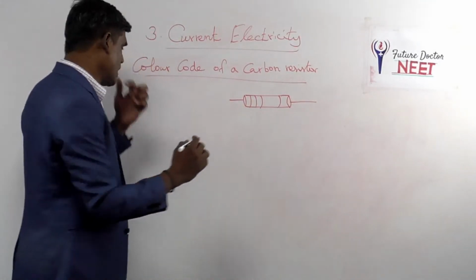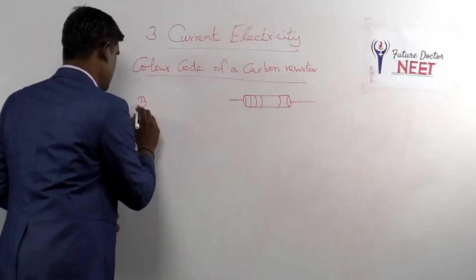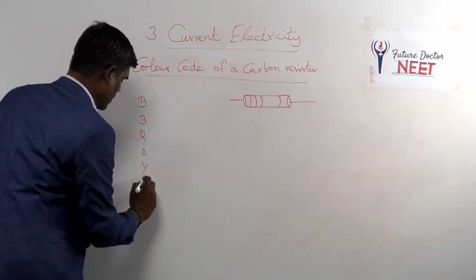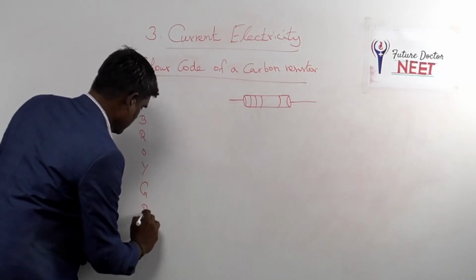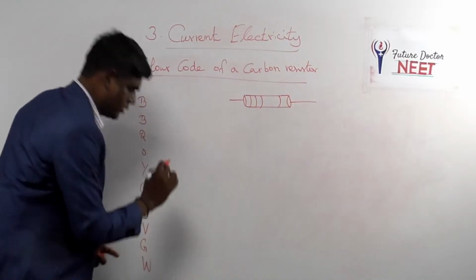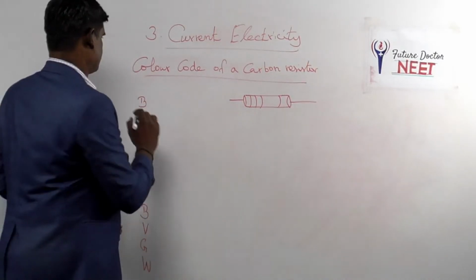That is given by a code that is called B B ROY of Great Britain has a Very Good Wife. These are the colors.